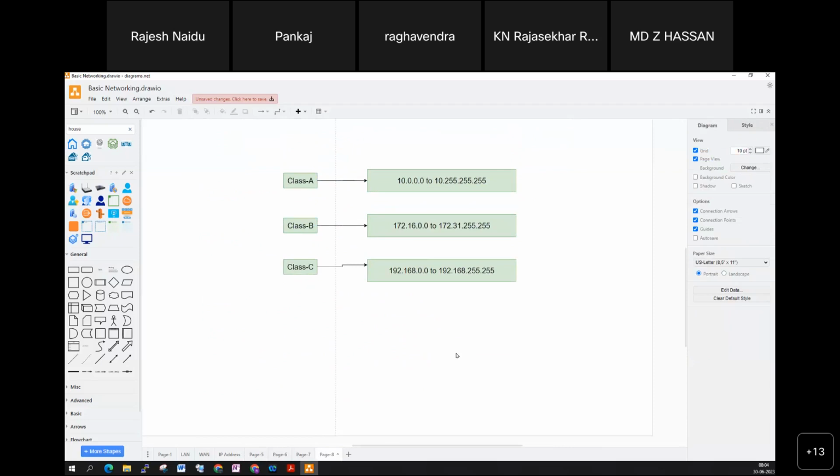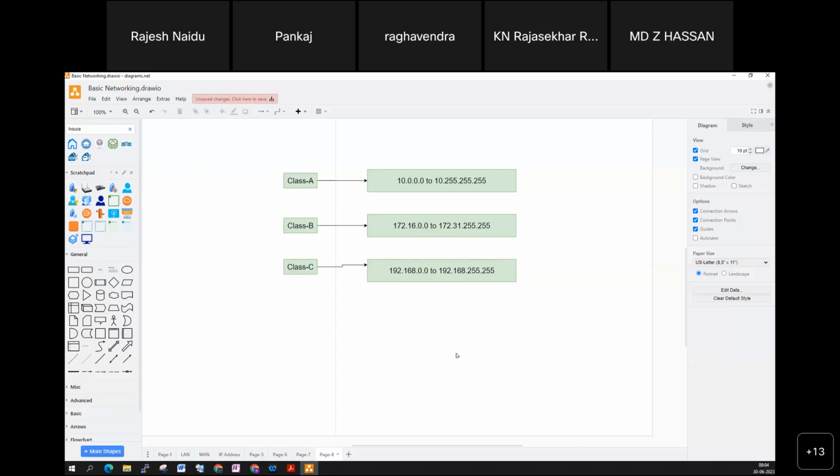Madhapur is an area located in Cyberabad. Gachibowli is located in Cyberabad. Tolichowki maybe is in Cyberabad. Manikonda is in Cyberabad.